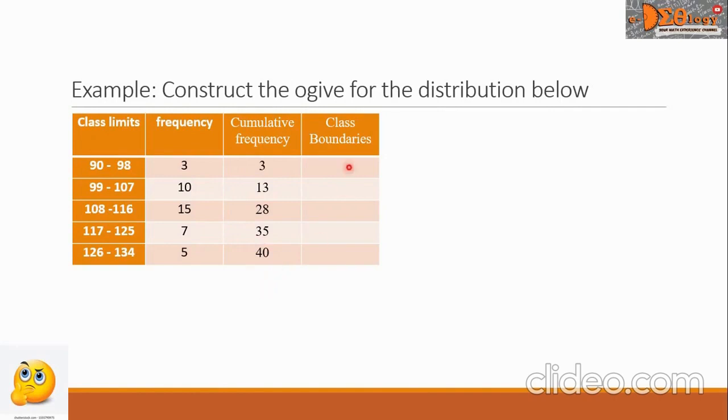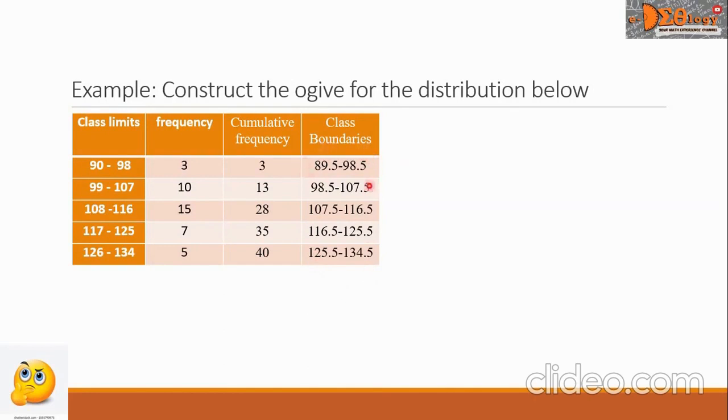Next, let us complete the column of class boundaries. Here are the numbers for the class boundaries. All these numbers to the left are called lower class boundaries, while these numbers on the right are called upper class boundaries.